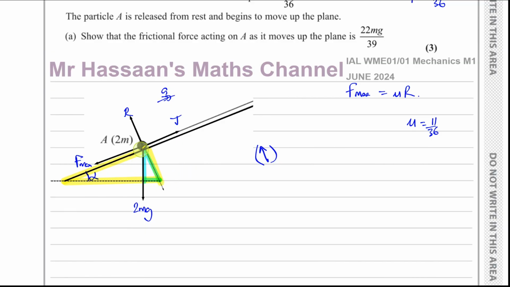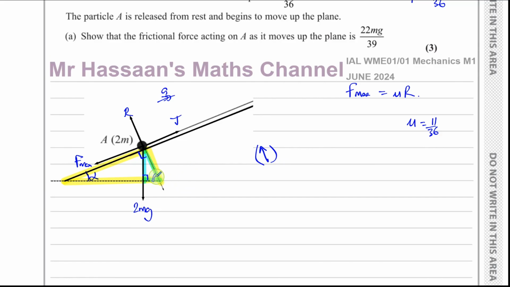So you have these two triangles, the big yellow one and the small one over here. This small triangle has a right angle in this place. The big triangle has a right angle in that place. This triangle has an angle alpha here. The small triangle and the big triangle both share the same angle here.